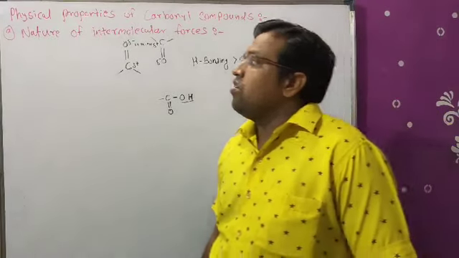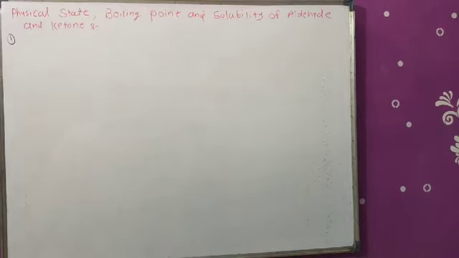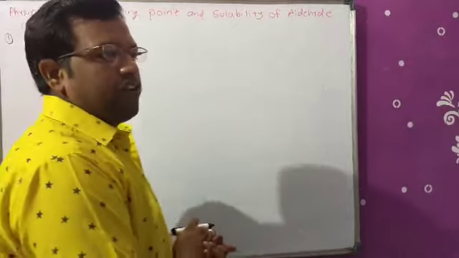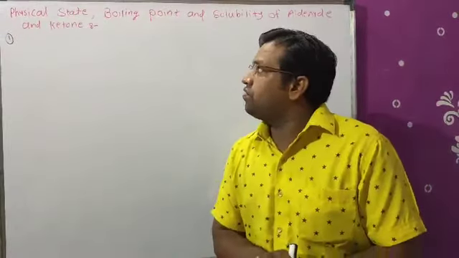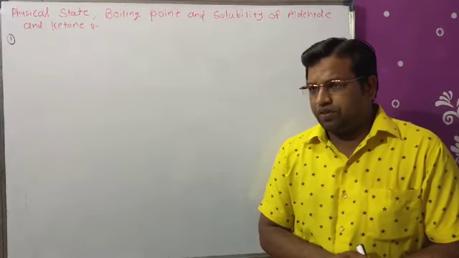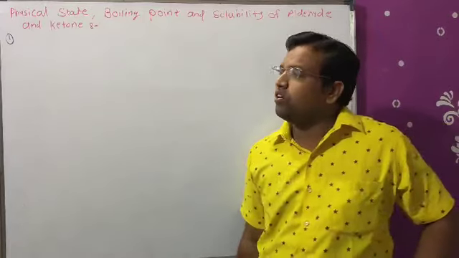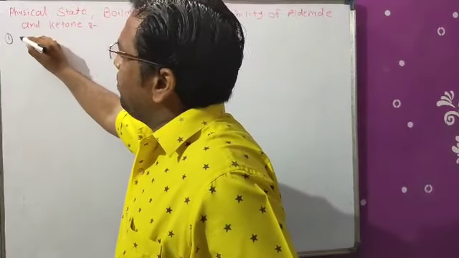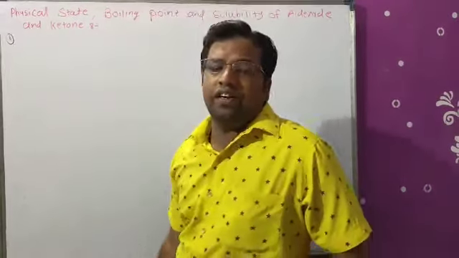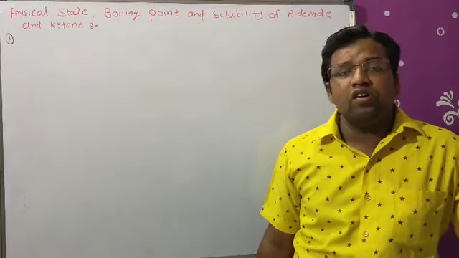Now our next point is the physical state, boiling point and solubility of aldehydes and ketones. Firstly, we see the physical state. We start with formaldehyde, because it is a lower aldehyde.